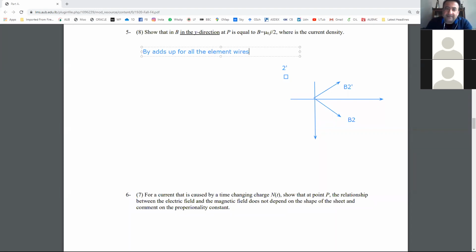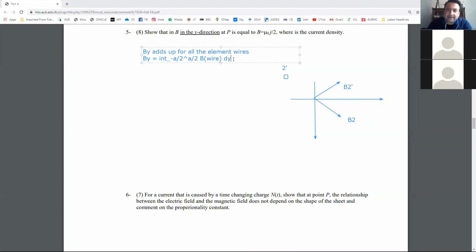If they add up, then By is equal to the integral from minus a over 2 to plus a over 2 of B, in parentheses for one wire, dy.